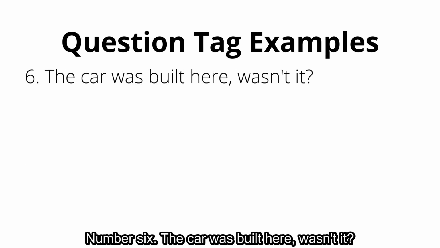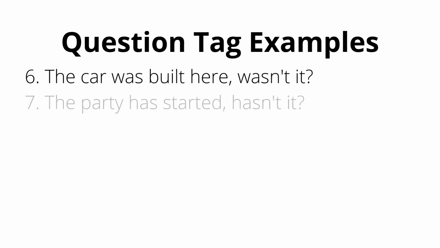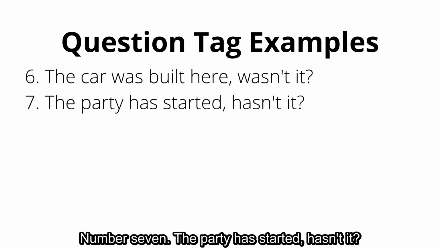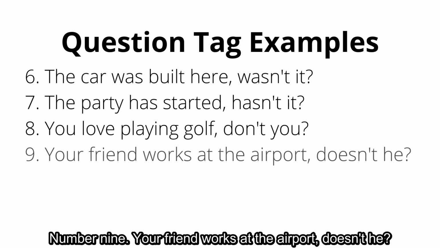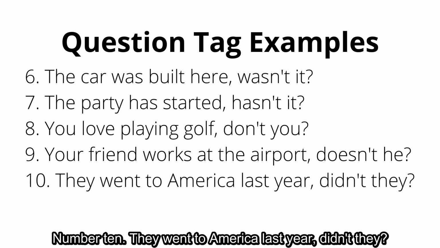Number 6, the car was built here, wasn't it? Number 7, the party has started, hasn't it? Number 8, you love playing golf, don't you? Number 9, your friend works at the airport, doesn't he? Number 10, they went to America last year, didn't they?